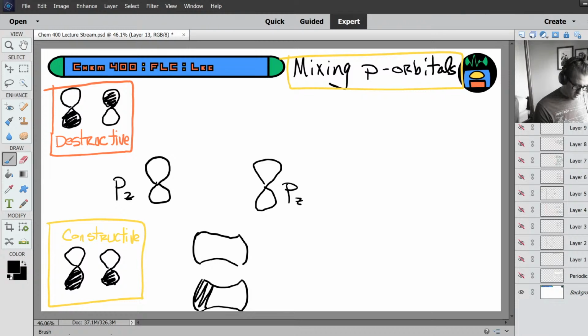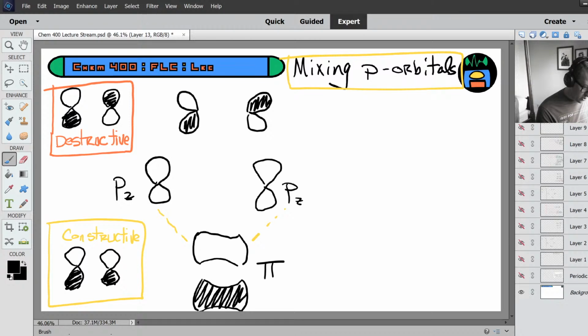All right. So that is a pi bonding orbital that comes from mixing our two pz orbitals together. When you mix them destructively, you get an antibonding orbital known as pi star. And it looks like this.